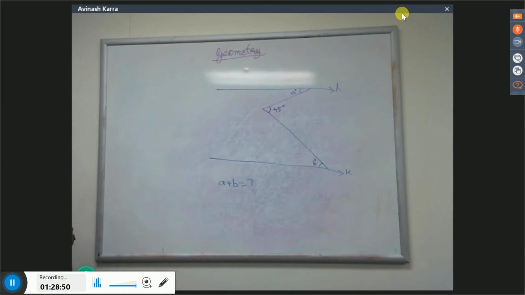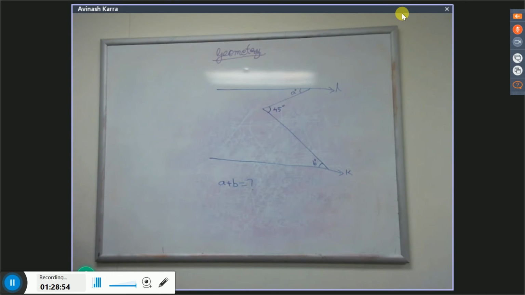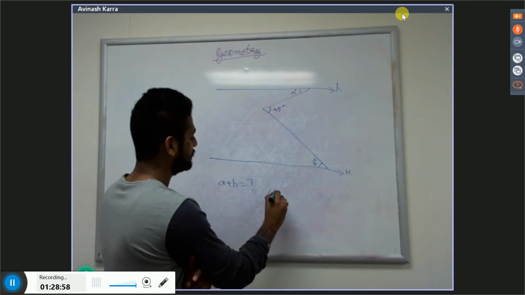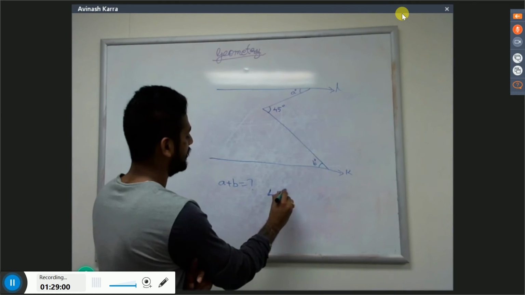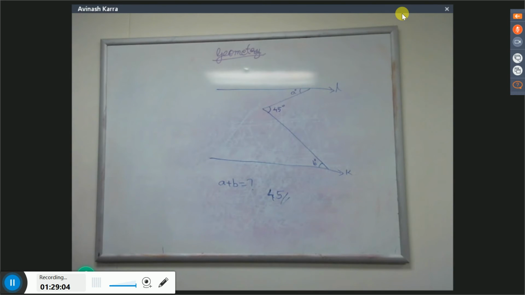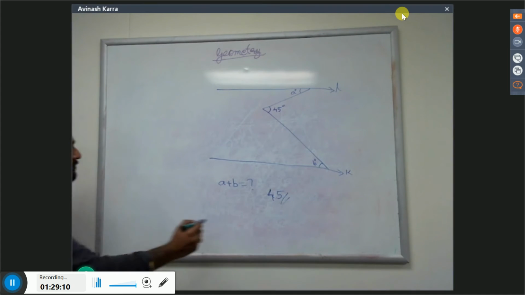So what should we do once we think we got the answer? You got the answer? Already? Yeah, that's fine. Is it 45? No. Let me go check my calculations. I got 45. Yes.